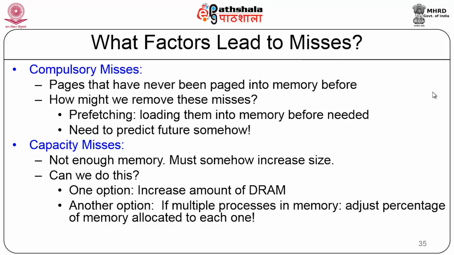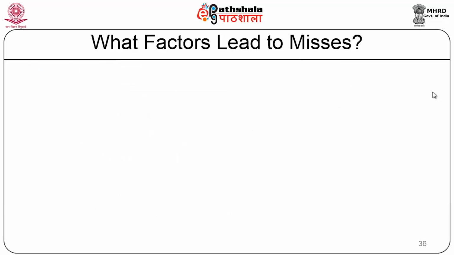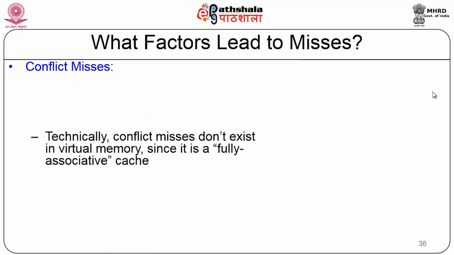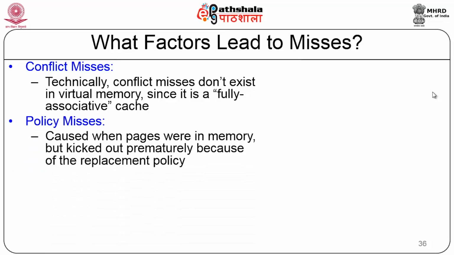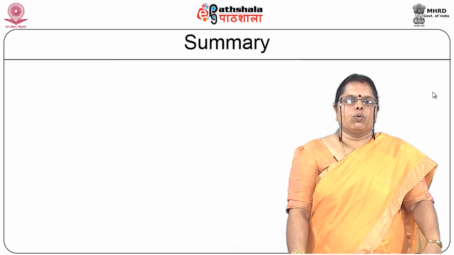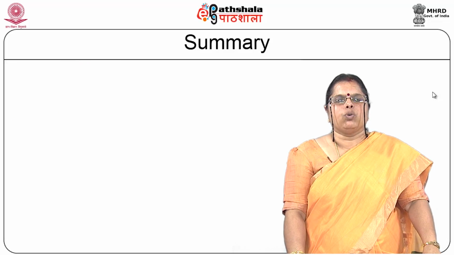It can be capacity misses, because there is not enough memory, and of course conflict misses because of your replacement policy. But technically conflict misses do not exist in virtual memory because you are looking at a fully associative cache. And last of all, you also have one more miss, called the policy miss, caused when pages were in memory but kicked out prematurely because of the replacement policy. So you will have to look at better replacement policies to avoid this.